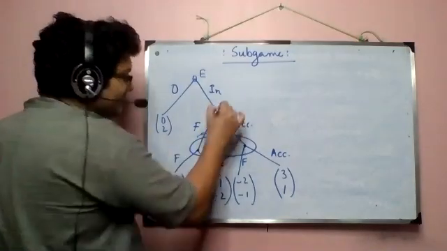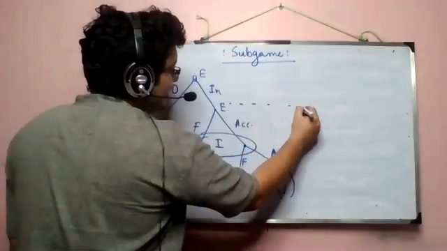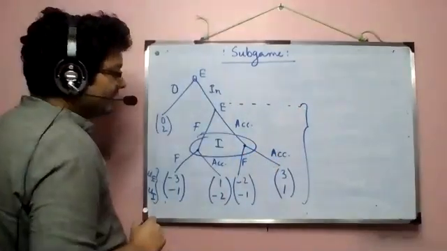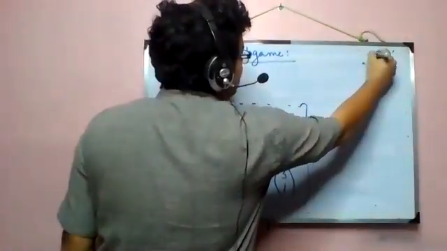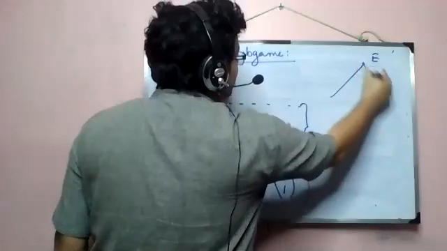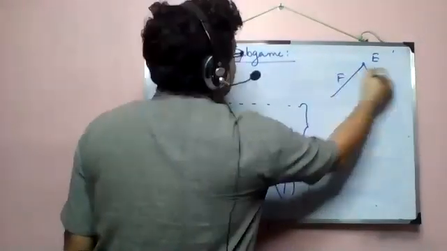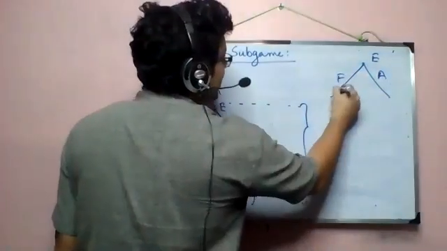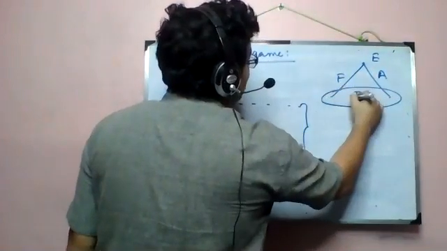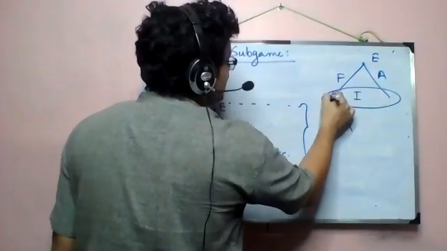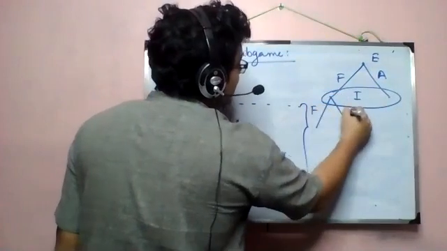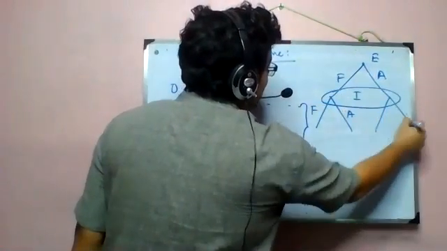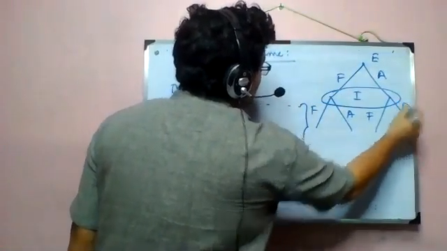So the first subgame that we have here is this one. How does it look? Here, then fight, accommodate, and then we have the information set that belongs to I, then fight, accommodate, and fight, accommodate.